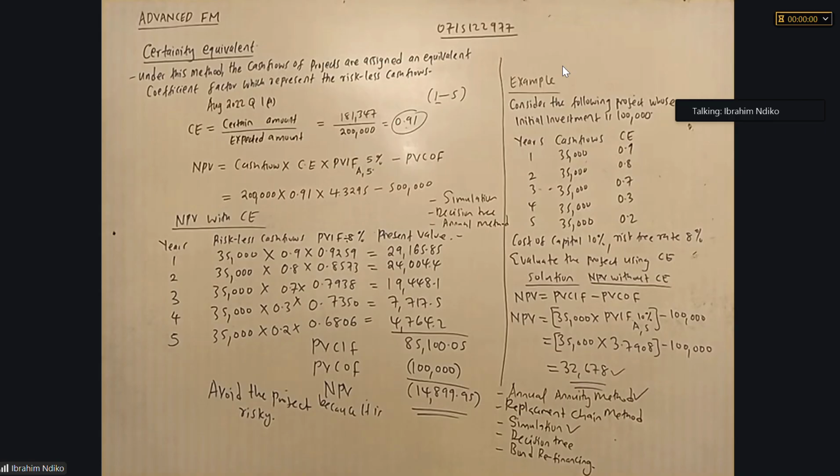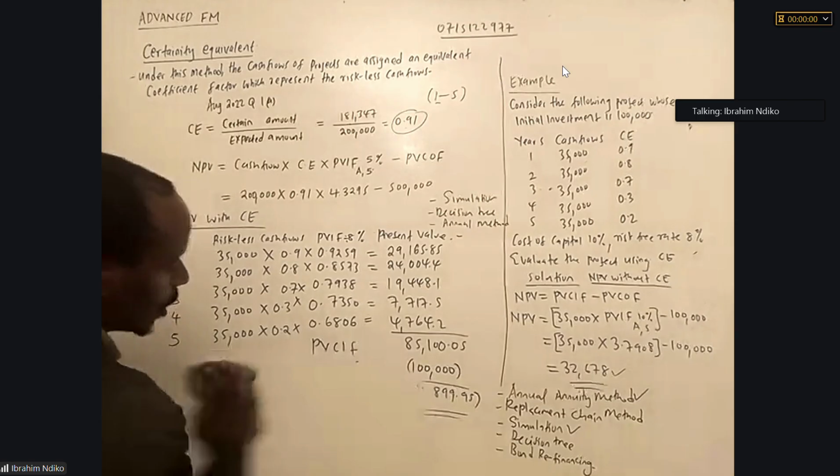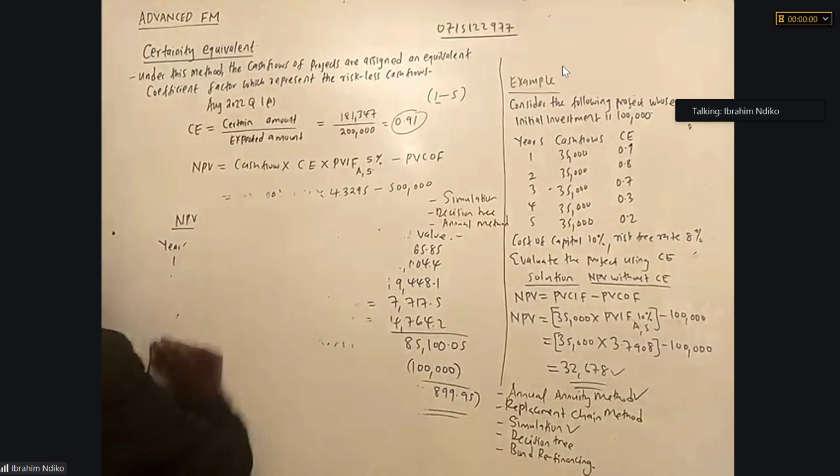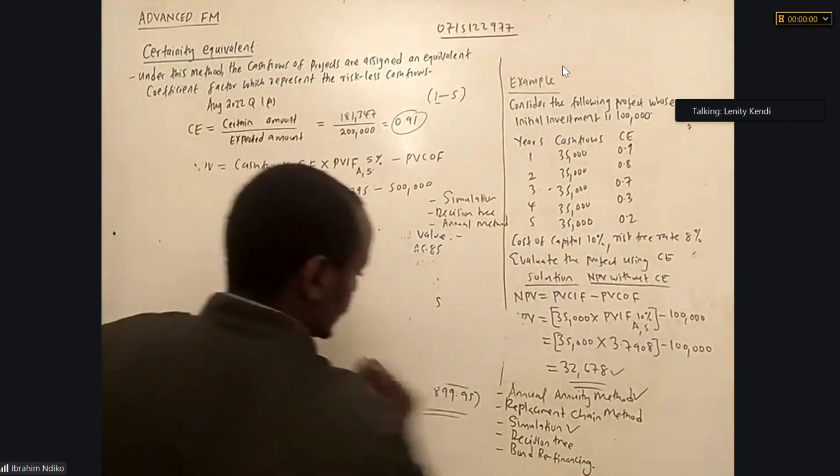So we start with simulation. Now simulation is a trial and error method. We use random variables and the concept of trial and error to determine the average NPV. So when we talk about simulation, just know we are talking about average NPV from the trial and error method using random variables.